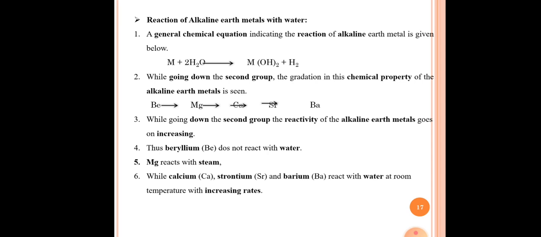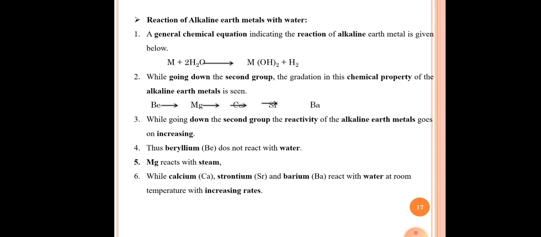The elements belonging to group 2 are: the first element is beryllium, the second is magnesium, the third is calcium, the fourth is strontium, and the fifth is barium. All these elements are present in group 2 sequentially, from top to bottom, and there is gradation in the chemical reactivity of the alkaline earth metals as we go from top to bottom in group 2.